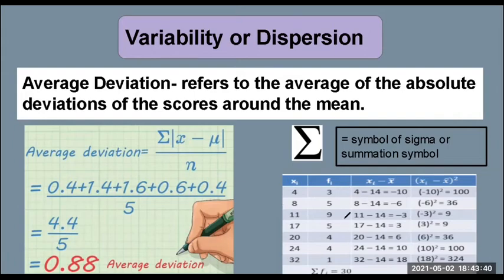Let's try to get our average deviation too. So our data is this one. This x bar also means mean. This is the mean x bar. This is the absolute x, your absolute data.